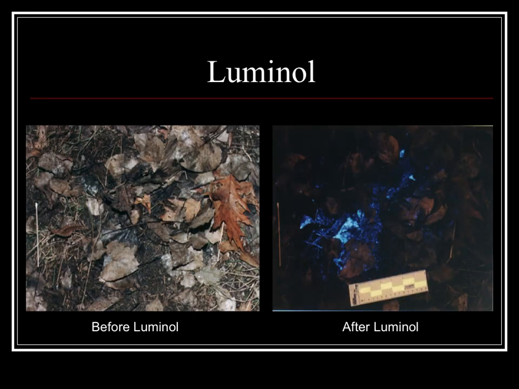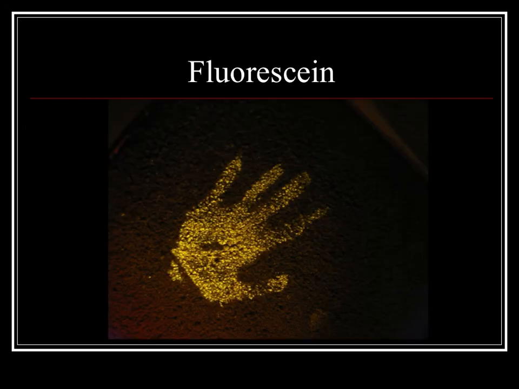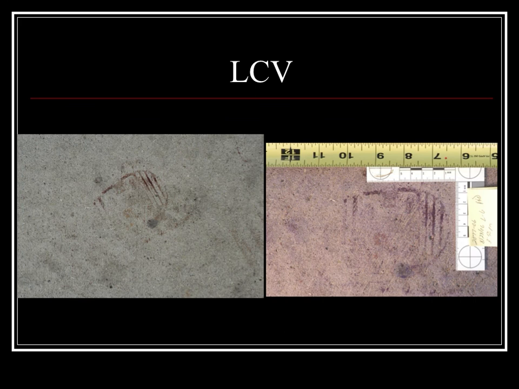Here's luminol, so you can see that blood wouldn't be as easy to see otherwise. Here would be fluorescent. And our last type, LCV, enhances that shoe print a little bit more and gives us a little more detail, that they are probably wearing some type of Converse with that bottom shape. Okay, all righty.